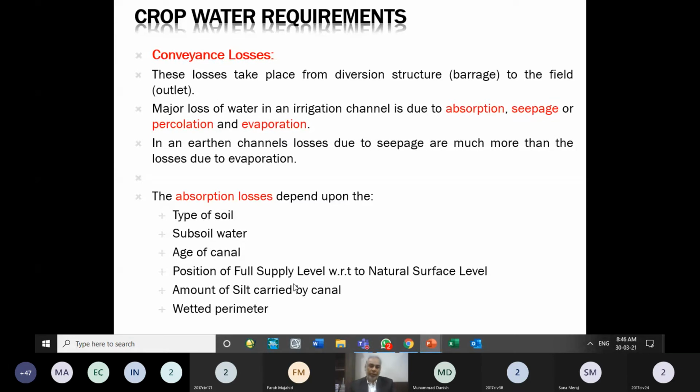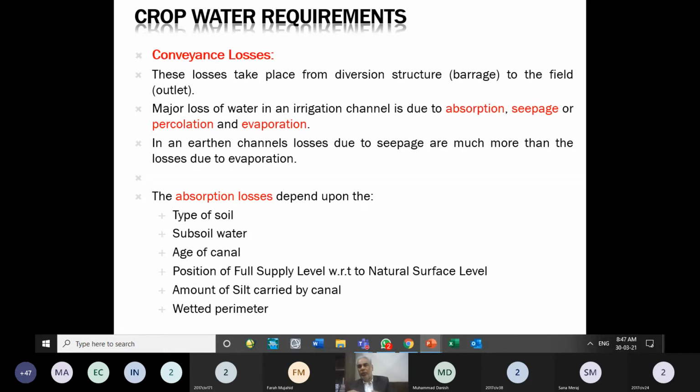Position of the full supply level with respect to natural surface level is another important factor which affects the seepage. If our canal is built on fill material and the natural land is lower, then seepage losses will be more in comparison to a canal which is made in cutting. From the natural surface level, we cut the area and make a canal; that is called a canal in cutting.